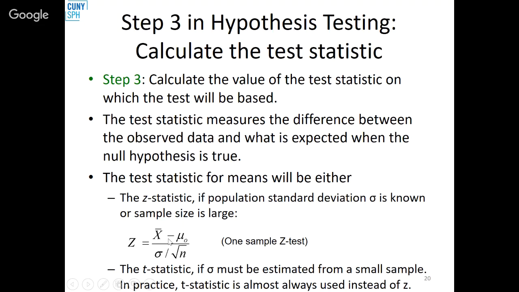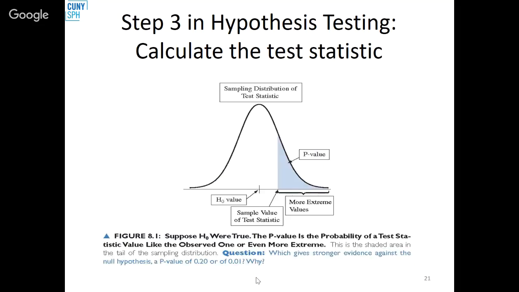For a single sample with a known population mean, we calculate the z statistic, which is the sample mean minus our mean under the null hypothesis, divided by the standard error. If this standard deviation were estimated from the sample, we would calculate it in exactly the same way, but we would call it a t statistic, which is what we normally use in practice.